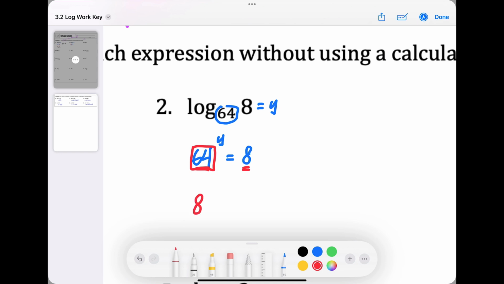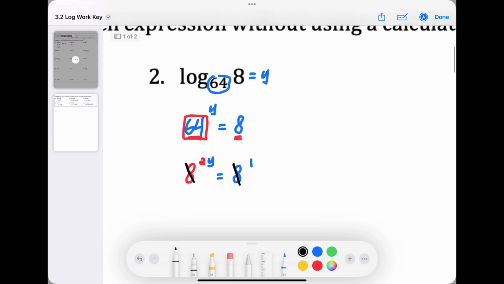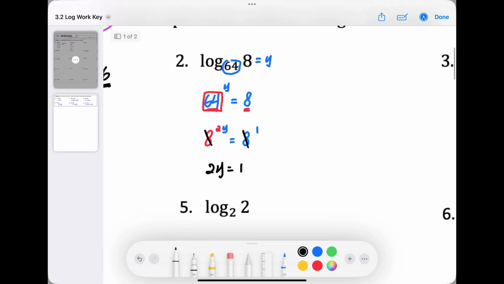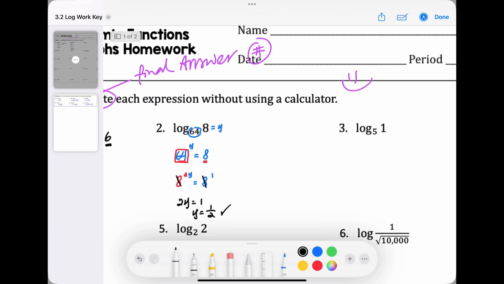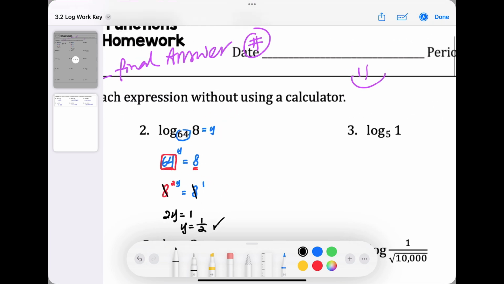I'm going to rewrite 64 as a to the power 2. Good. Now, do not forget the original, you have a power y, so that is equal to a to the power 1. Now, what you see is what you got, all about the base. Base, the same, cancel out, so I have 2y equal to 1, which tells us y is equal to 1/2.